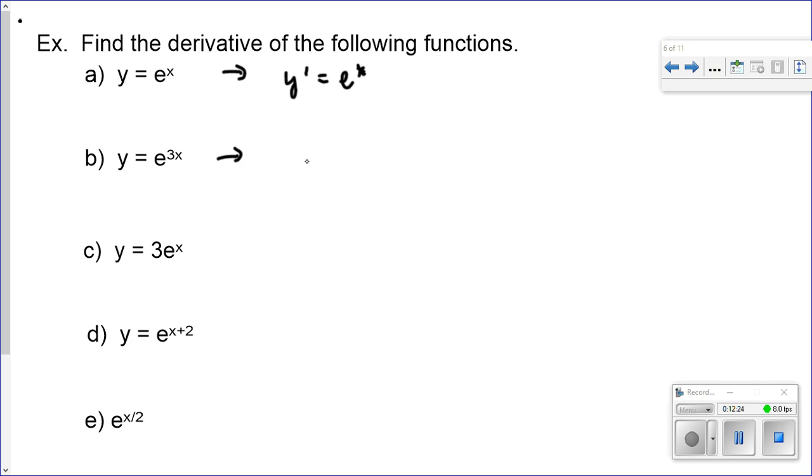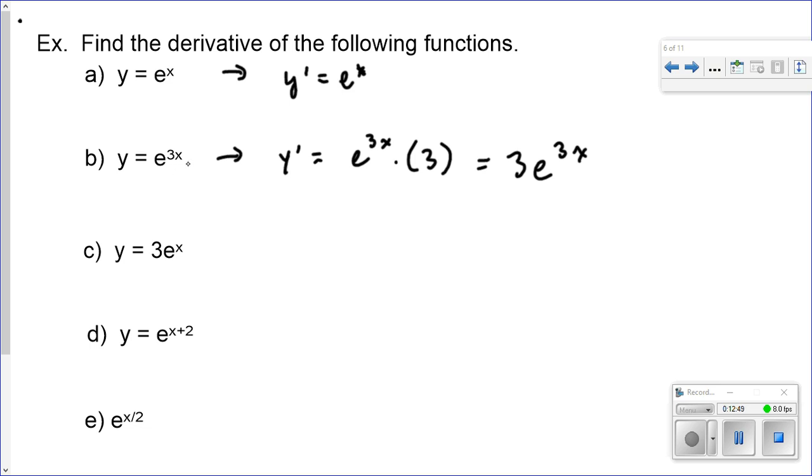So y prime, or the derivative of y, is the same as my function, but then I have to take the derivative of my composite function here. So I write that as e to the 3x, I apologize for that. This is a chain rule application. If it's just a straightforward e to the x, the derivative is e to the x.